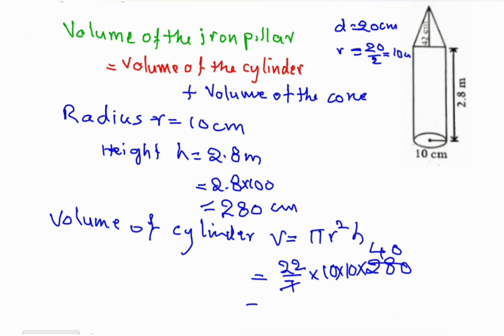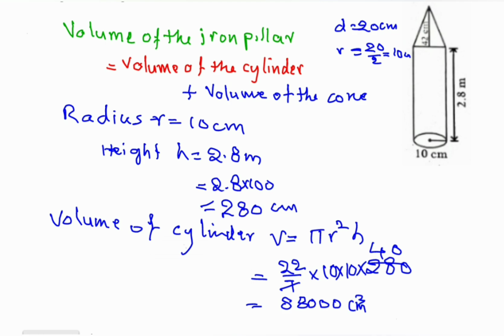Therefore, this equals 22 into 4 is 88 and 3 zeros are there. This equals 88,000 cubic centimeters.